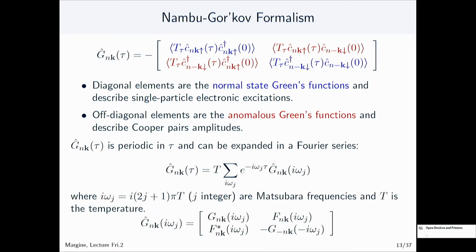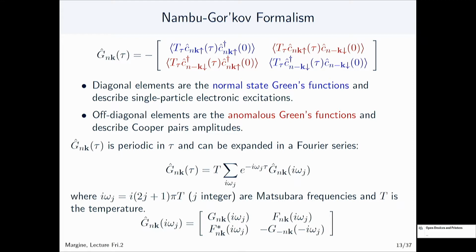Now, since this generalized operator in imaginary time is periodic in tau, it can be expanded in a Fourier series. Mathematically, this is convenient because now we need to calculate these matrix elements on the Matsubara frequency axis.